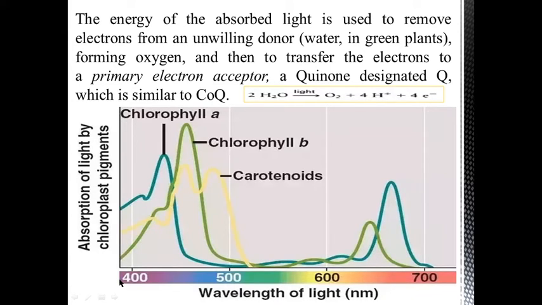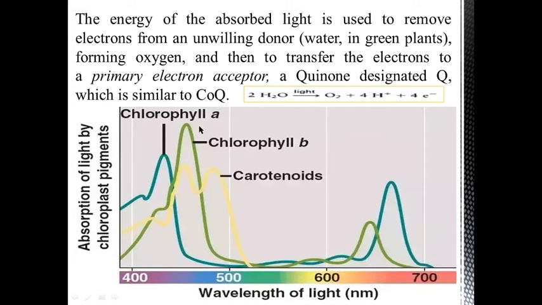Now in visible light, 400 to 700 nanometers has the different 7 colors, and the blue color is absorbed by chlorophyll A, and again 650 to 700 nanometers, the red portion of light.